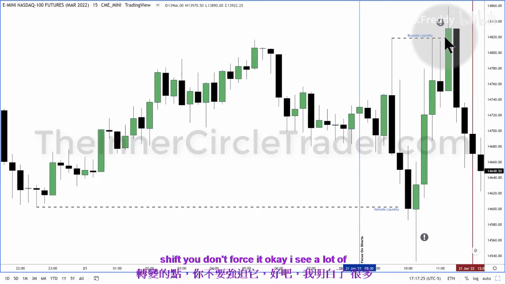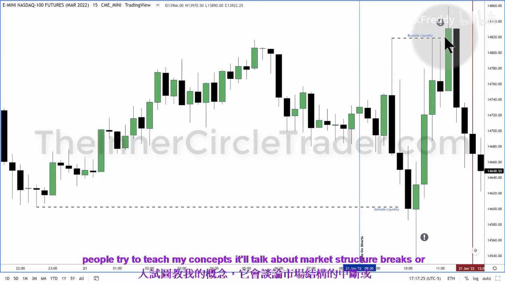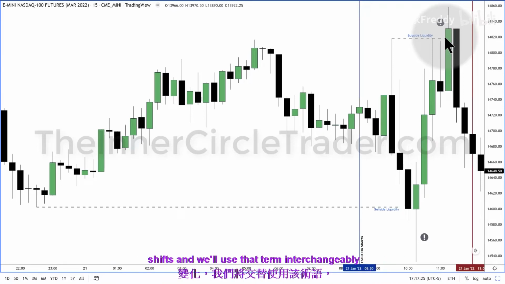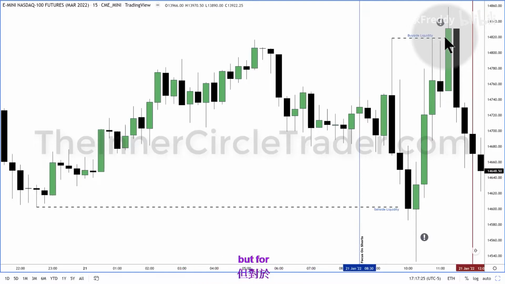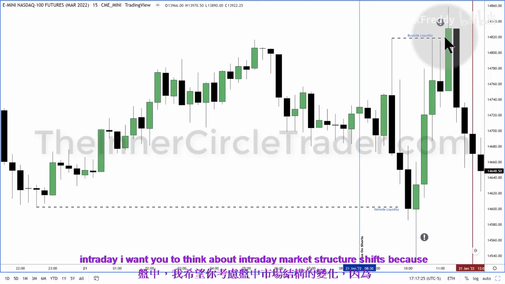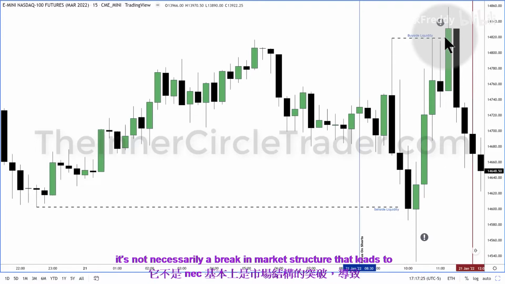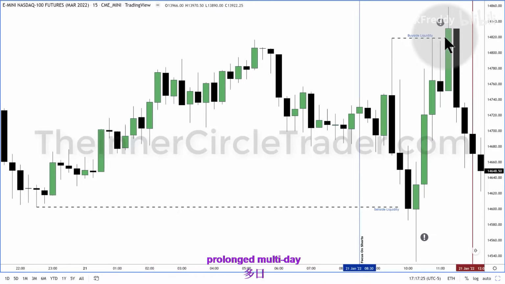And you don't force it. I see a lot of people try to teach my concepts. They talk about market structure breaks or shifts, and use those terms interchangeably. But for intraday, I want you to think about intraday market structure shifts, because it's not necessarily a break in market structure that leads to prolonged multi-day movement.